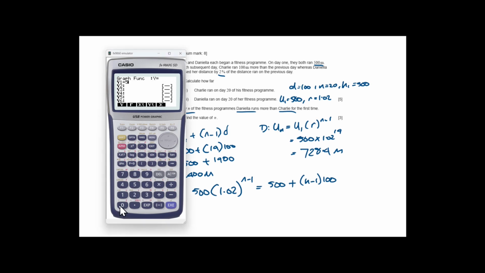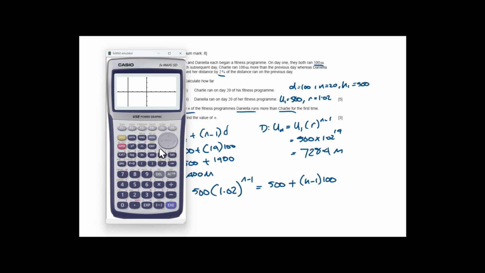So first graph, this is Daniela, 1.02 to the power of x minus 1. Put that one in, and then the second one is 500 plus x minus 1 times 100.